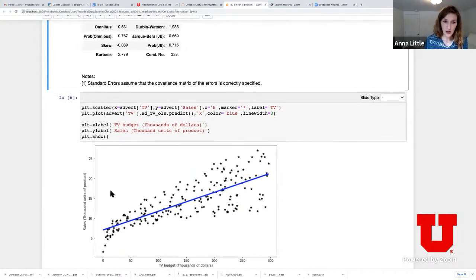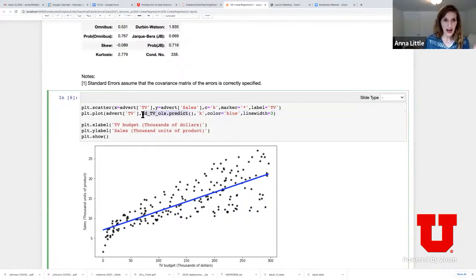Okay, and so add the line to our scatter plot of TV versus sales. The predictions associated with the x values in the data set will be stored in the output of that OLS object.